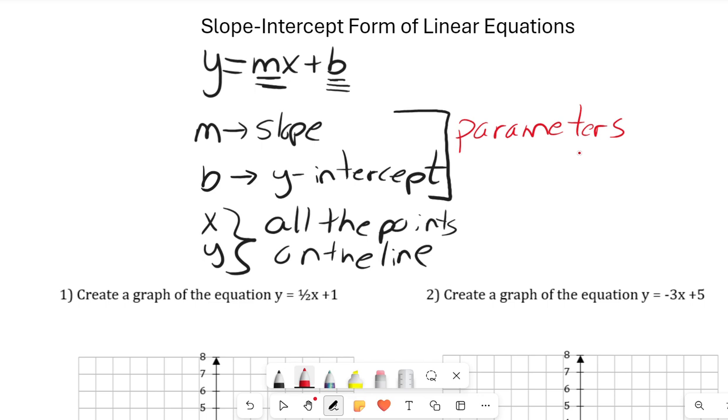Parameters means that in a particular equation, those values are set, but x and y, those are changing in the problem, so those are called variables.